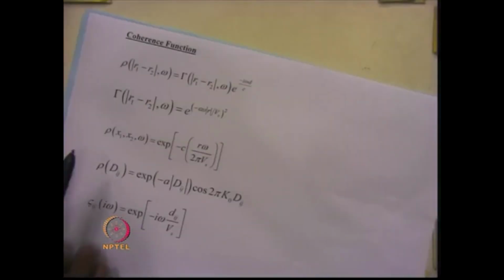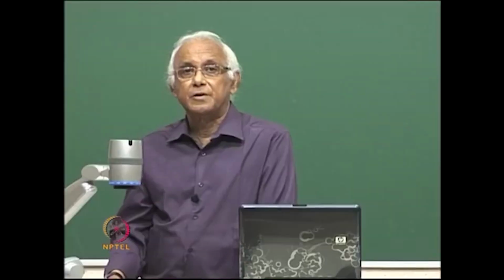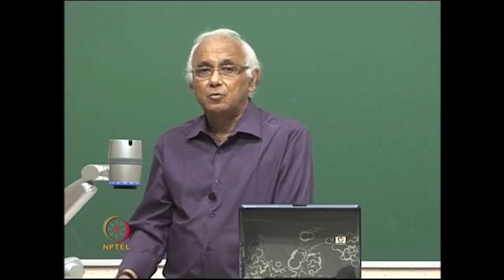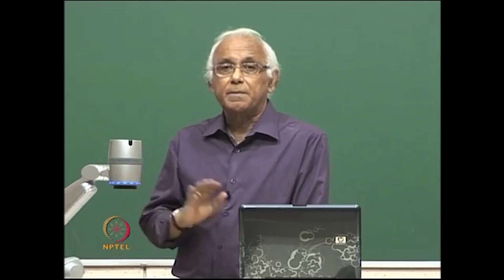Next, we come to the coherence function that we discussed before. The coherence functions are used for obtaining the cross power spectral density function of the ground motion between 2 points.